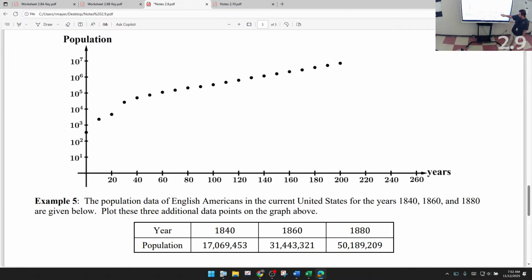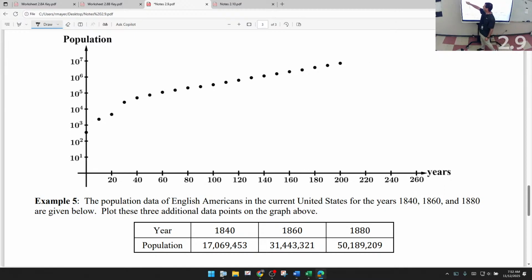So 1840 is 220, and I'm supposed to be at 17 million. 17 million is going to be something like 10 to the 6th, somewhere between the 6th and the 7th. And so you go up between the 6th and the 7th and put a dot somewhere close to there.